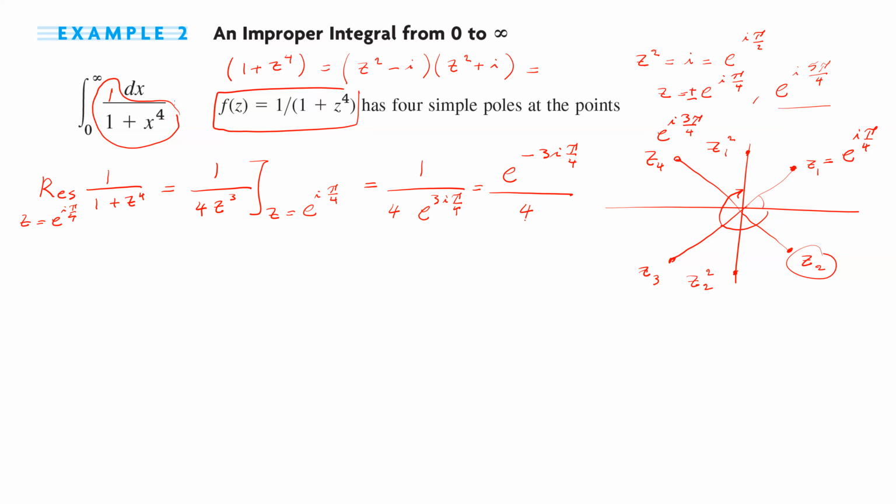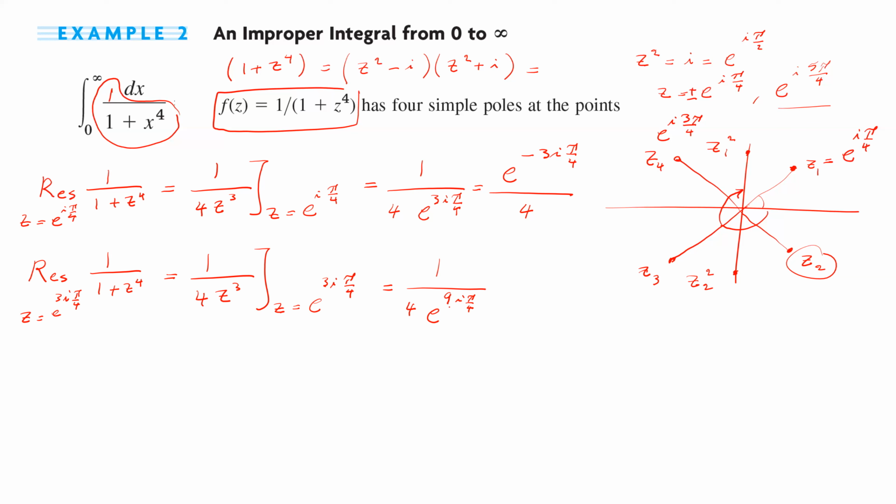All right. And the residue of the same thing at z equal to e to the 3i pi over 4 becomes 1 over 4z cubed evaluated at z equal to e to the 3i pi over 4. And that becomes 1 over 4 e to the 9i pi over 4.